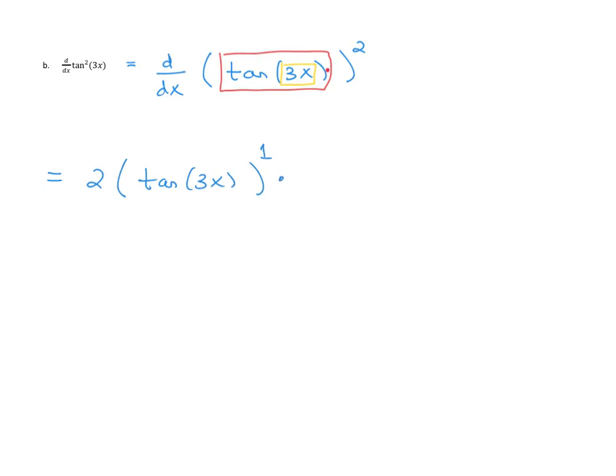If I take the derivative of a tangent function, I get secant squared, and the variable part, the 3x, just tags along. Finally, I have to deal with this 3x. It was composed within tangent, so I'm going to multiply by 3. And this is the answer.